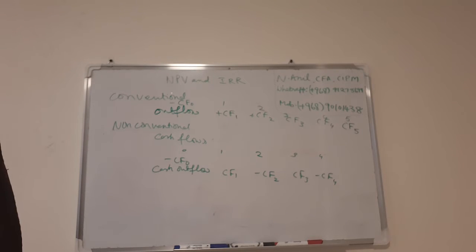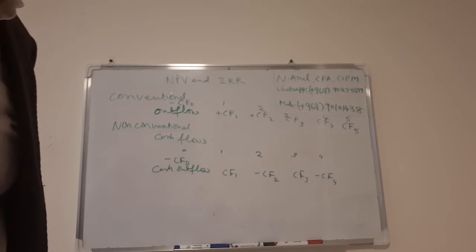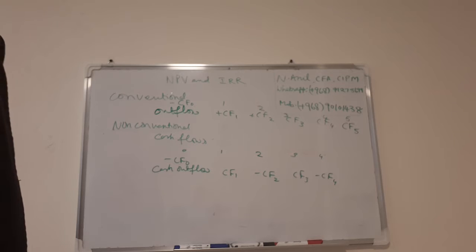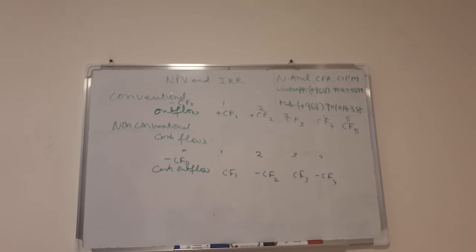When there are two projects, if you choose one, there is nothing stopping you from choosing the other one as well. But if two or more projects are classified as mutually exclusive, you can choose only one of them, one of the two or one of the three. You cannot choose the others. Such a situation is called mutually exclusive.